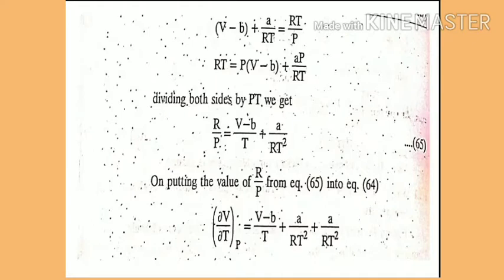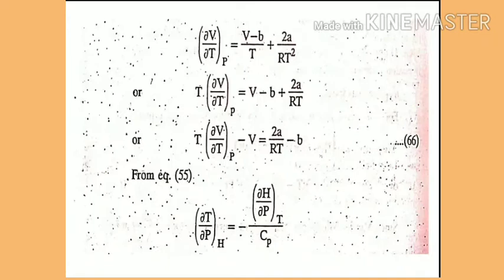So we get the next equation: V minus B upon T plus 2A upon RT square. If we multiply this equation by T, then we get T del V upon del T at constant pressure is equal to V minus B plus 2A upon RT.